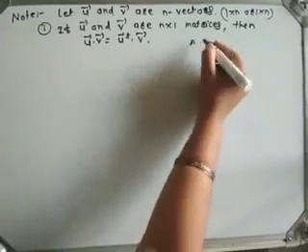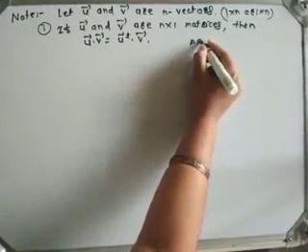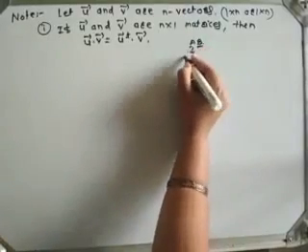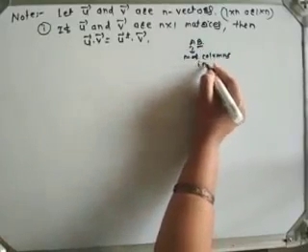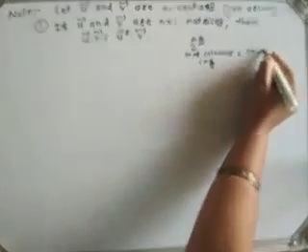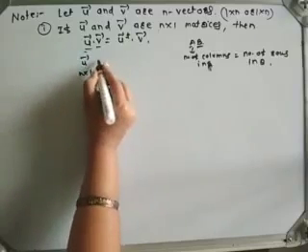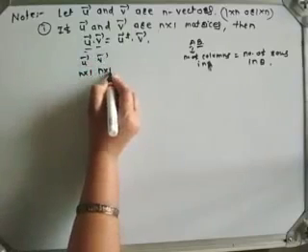We know that if we have to find the product of two matrices, A and B, then the number of columns in A must be equal to the number of rows in B. See here, the size of u bar is n by 1 and the size of v bar is also n by 1.